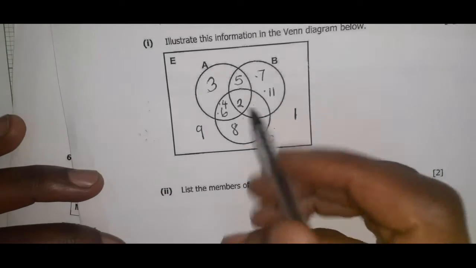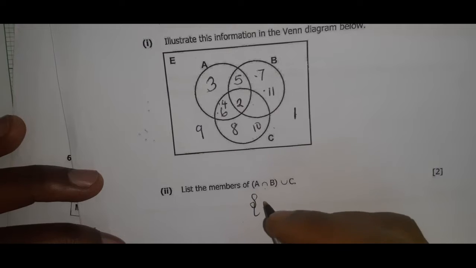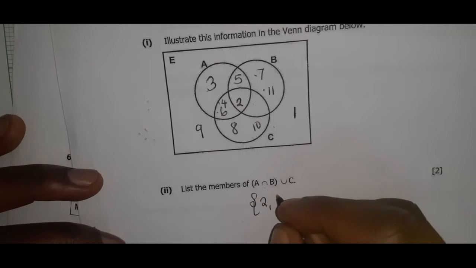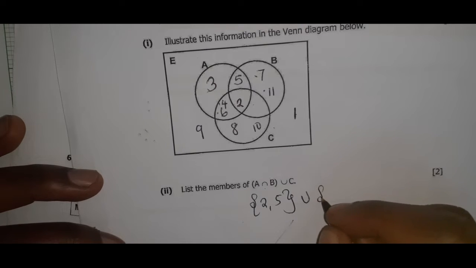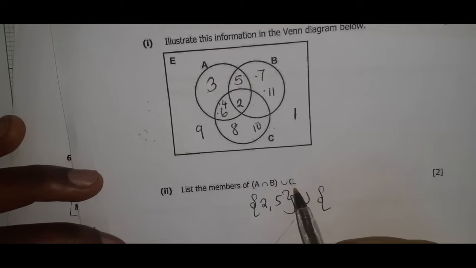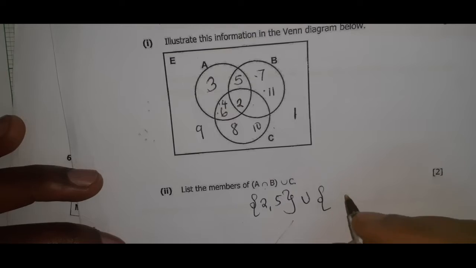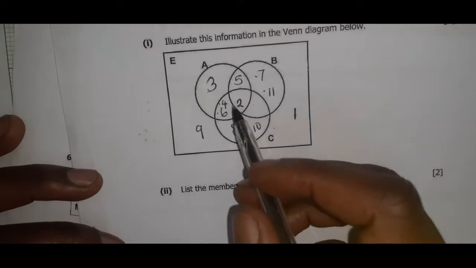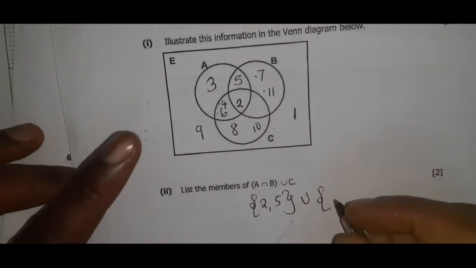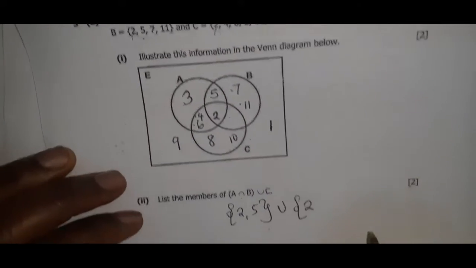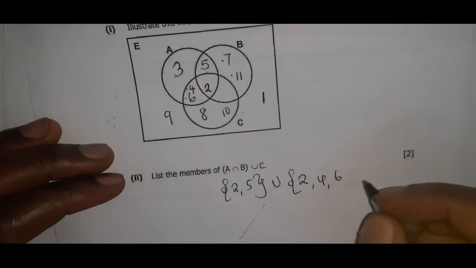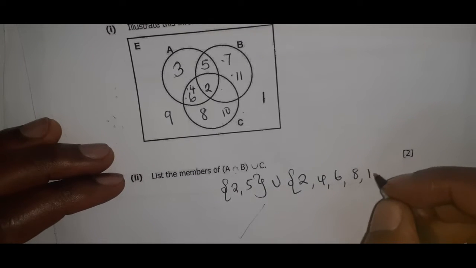The elements that are in the intersection of A and B here, it's what? 2 and 5. Union, the elements that are in C, what do we have? You can look at C. If you want, you can even get the elements from here. We have 2, 4, 6, 8, and 10.